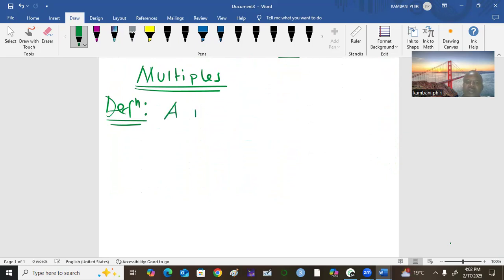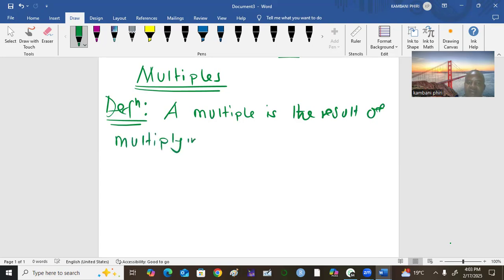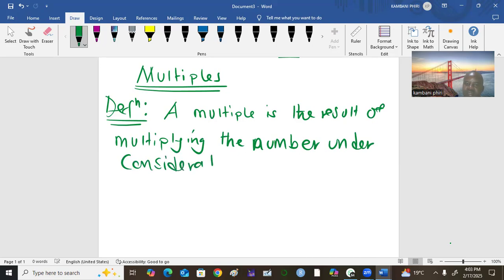A multiple is the result of multiplying the number under consideration by an integer. An integer could be negative, positive, or indeed 0.